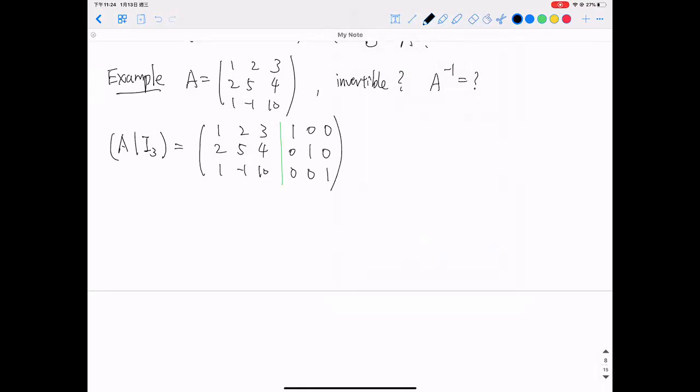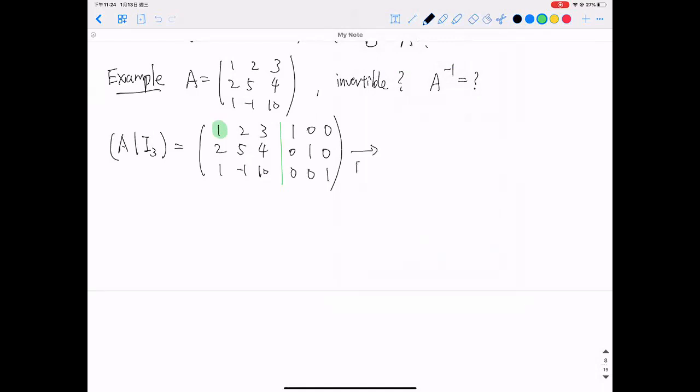Okay, and then we have to proceed to do row operations. Begin with the first row, we have to find the leading non-zero term, which happens to be a 1, so that's there already.